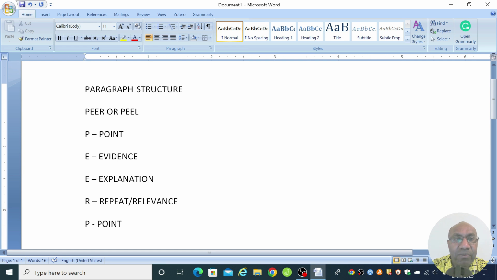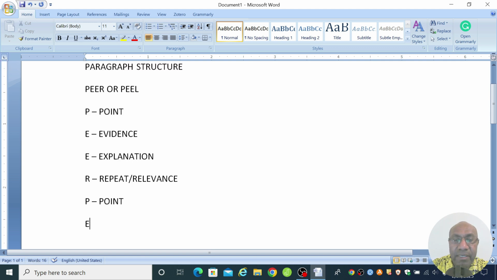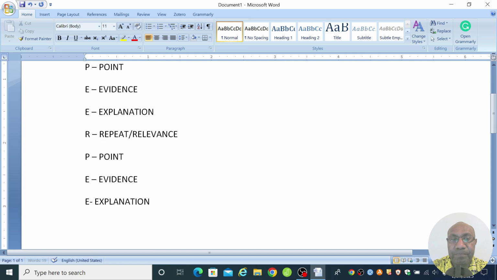So moving along, again we are talking about the PEEL. We've just completed the PEER, so we're just going through the acronyms. The first P is point. The E is evidence, same as the PEER, and the other E is also the same, explanation, and the L is for link.